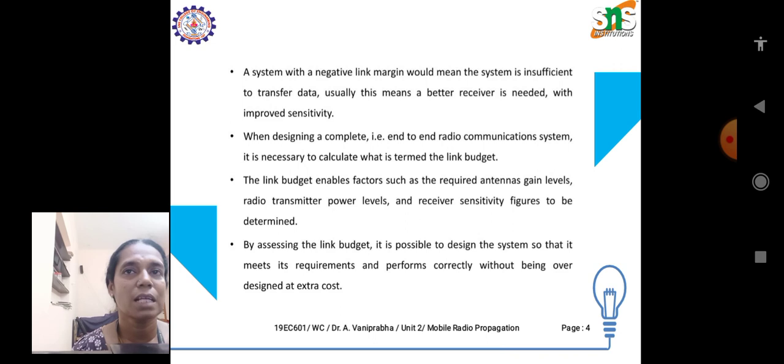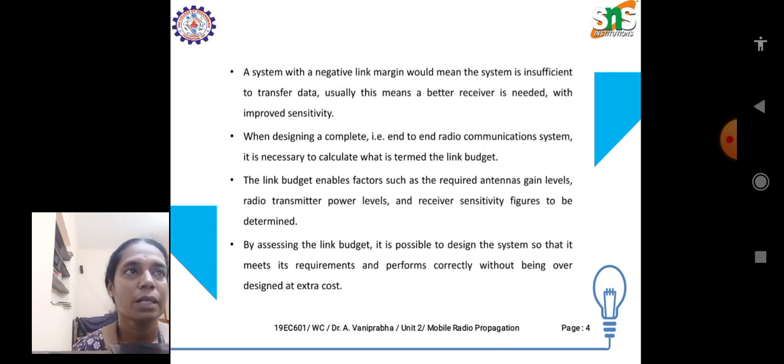If it is less than 0, that is, if the link margin is negative, then there is no meaning for a transmission of waves from the transmitter to receiver. It is in vain.